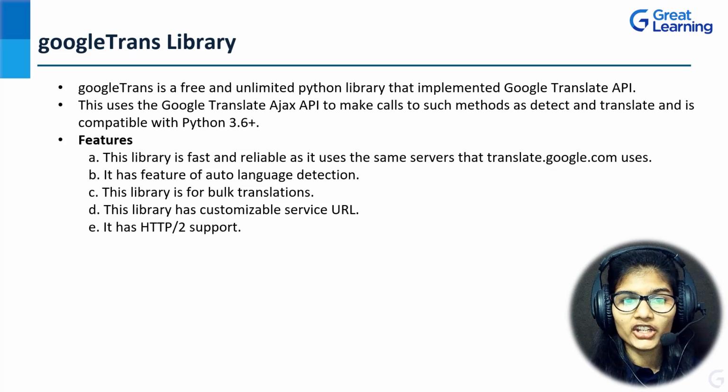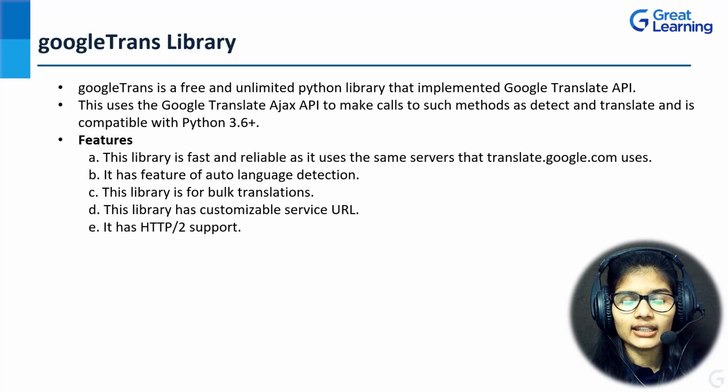Make sure that if you do not have Python version 3.6 or above, and I would recommend you have 3.6 or above only, then in that case you can uninstall your Python, or you could simply upgrade your Python version as well. Whatever is preferable, please do that, because Google Trans only works on Python 3.6 or above. Great. What are the features of the Google Trans library?